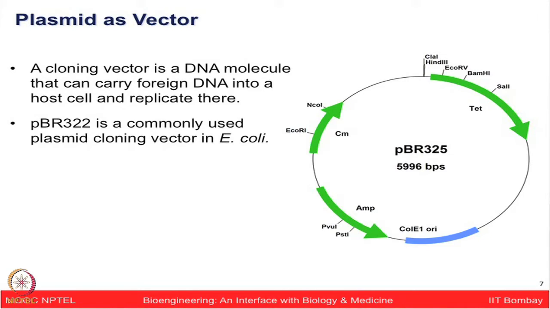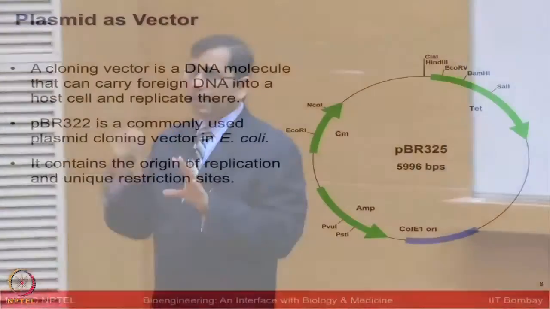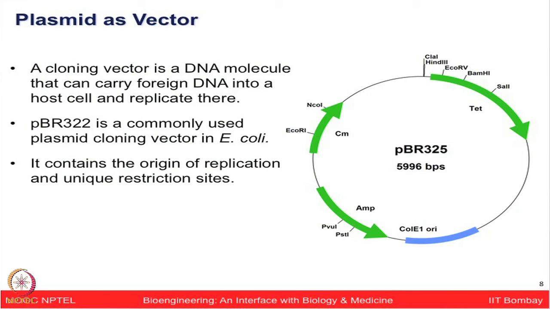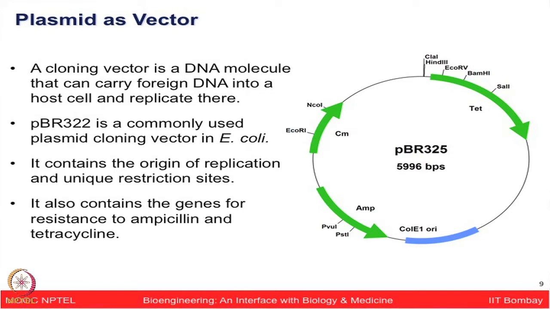Bacteria are present everywhere, right? So, if you want to grow some bacteria, you will automatically have a lot of contamination from other bacteria. So, how do you select only the bacteria which have your gene of interest? If you have this particular vector where you have inserted some antibiotic resistance genes, that can be used as a selection marker, so that only those bacteria which contain your gene of interest can grow.